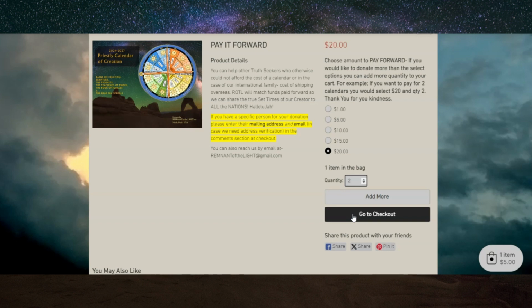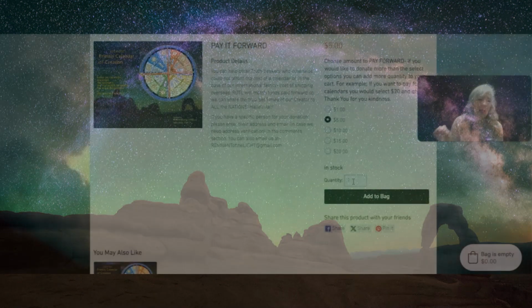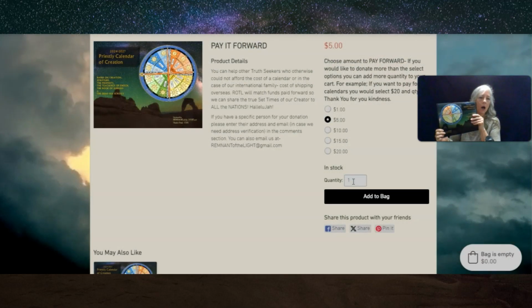It's just basically a gift card that you're purchasing to be used so that we can get our Creator's division of time out there for people to begin learning, following his days, being on the right timeline, being in our Creator's division of time, being in the correct Sabbath.